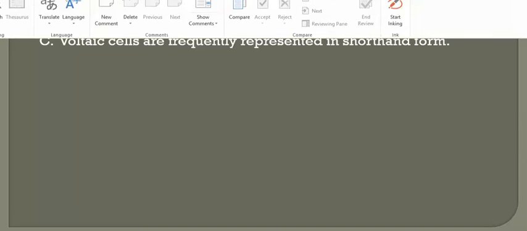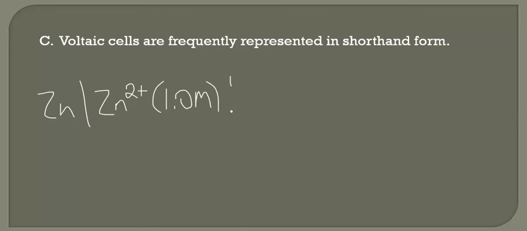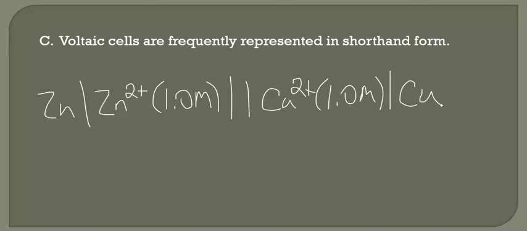In shorthand form, here's what this cell looks like. We start off at the anode, which is zinc, and we end up at the cathode, which is copper. So here's the anode, where oxidation occurs.